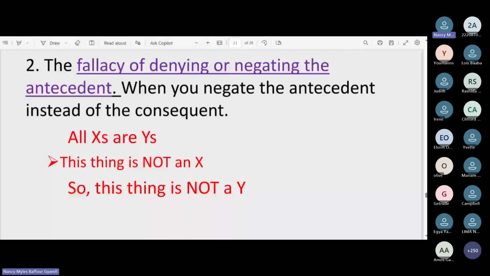So if your next premise says this thing is not a mango, it only means it's outside the circle of mangoes. You cannot conclude, therefore, that it is outside the big rectangle. You don't have the mandate to say that. So all Greater Accra is in Ghana. And I'll end with that. Greater Accra is in Ghana. Then you say, Nancy is not in Greater Accra now.